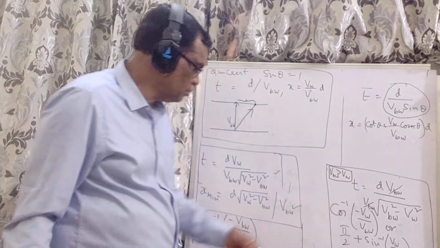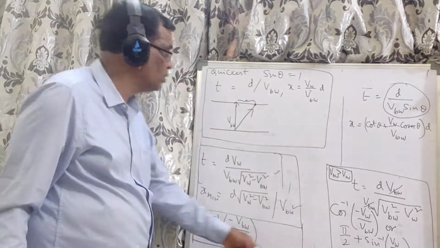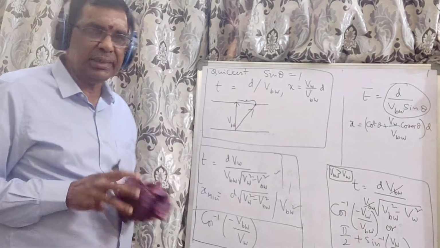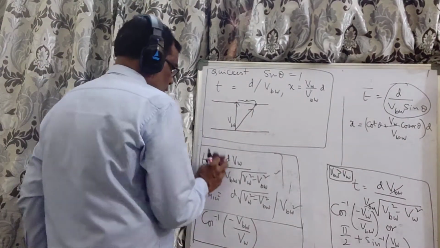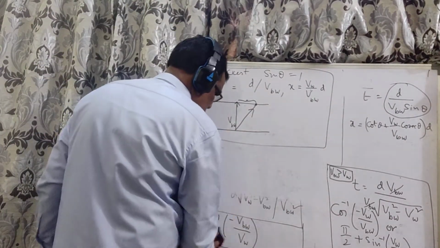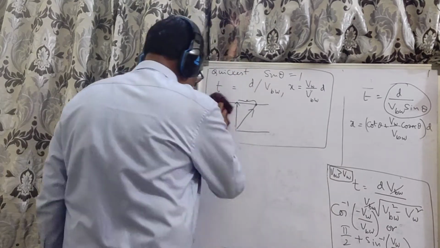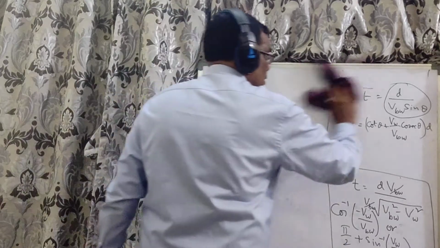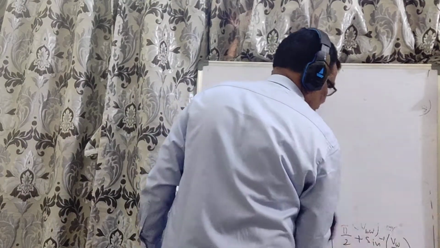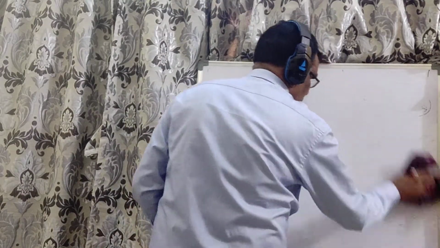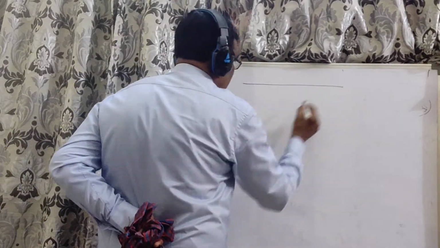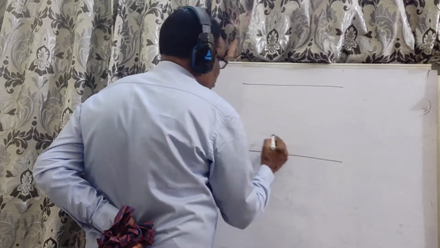Zero drift, minimum drift, quickest time. I hope the cases are clear to you here. Now let me erase all this. And now let us look at, based on this, I look at an example.